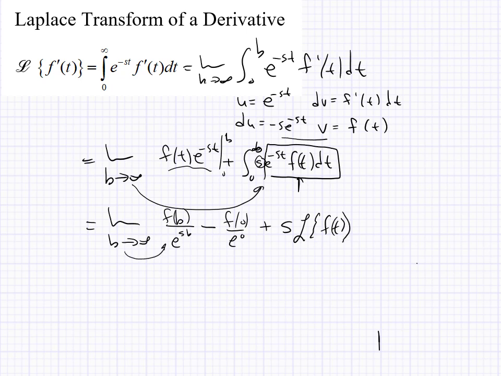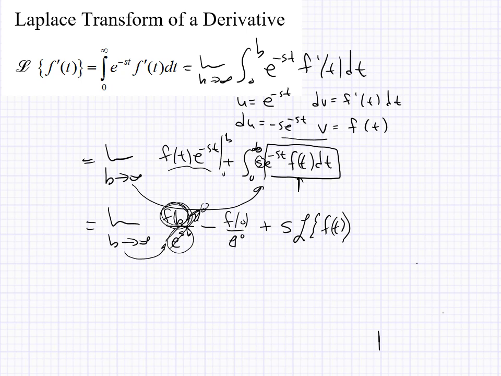Well, as b goes to infinity, this thing's going to go to 0. Why? Because the only way it exists is if f is of exponential order, which means this grows slower than this, so that's why this has to go to 0. This is just going to be f of 0 over 1.